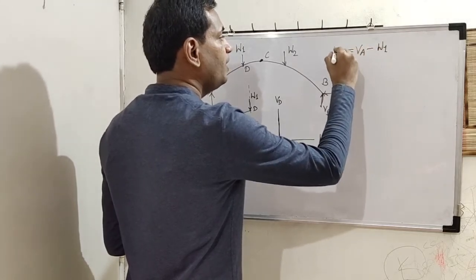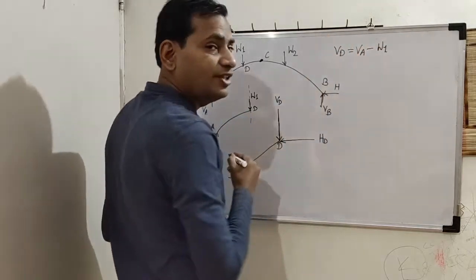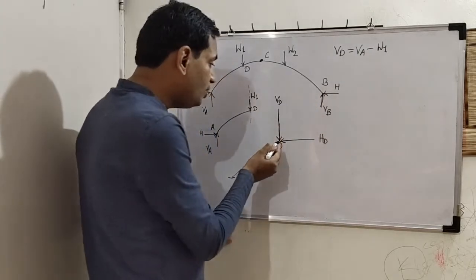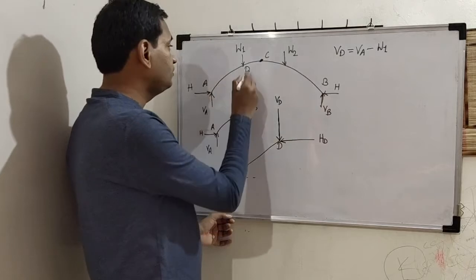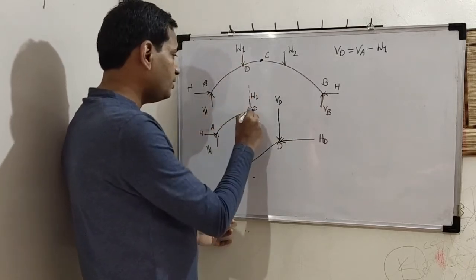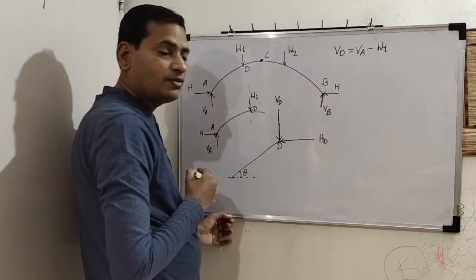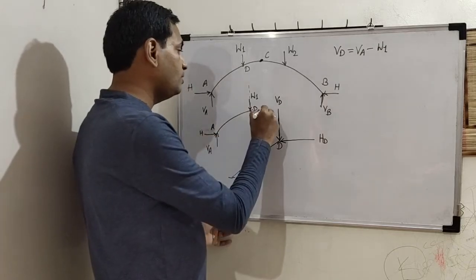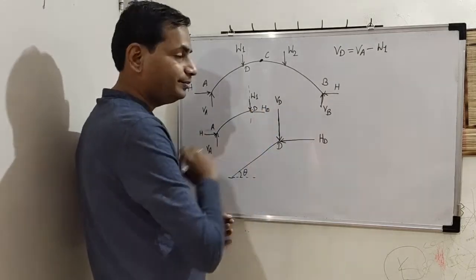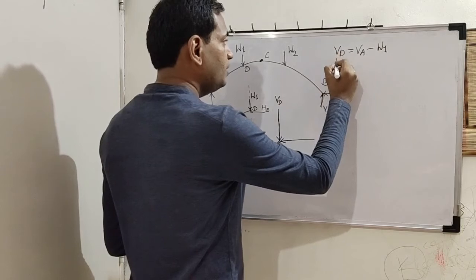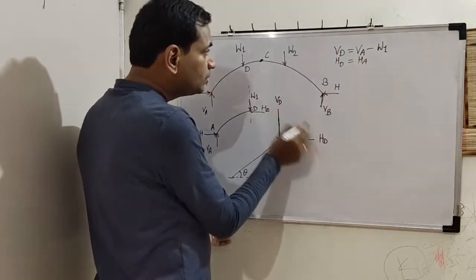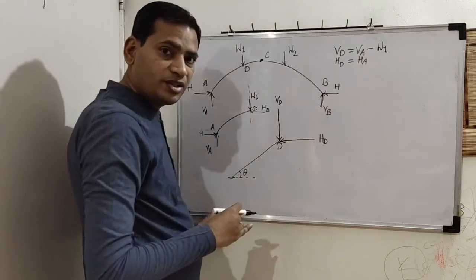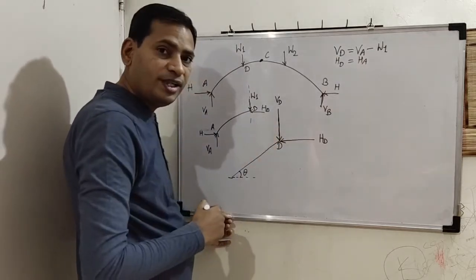Let us say this is VD, the net shear force on point D. I have shown it here. Okay. Then HD. If you take summation Fx from this, you will get HD is equal to HA. Correct? So these two, the horizontal and vertical reactions, I have shown on point D.